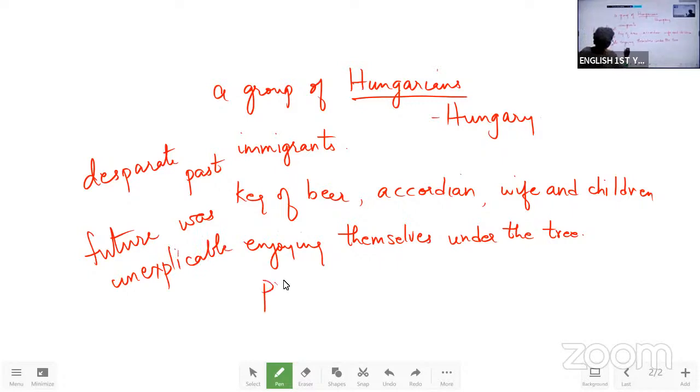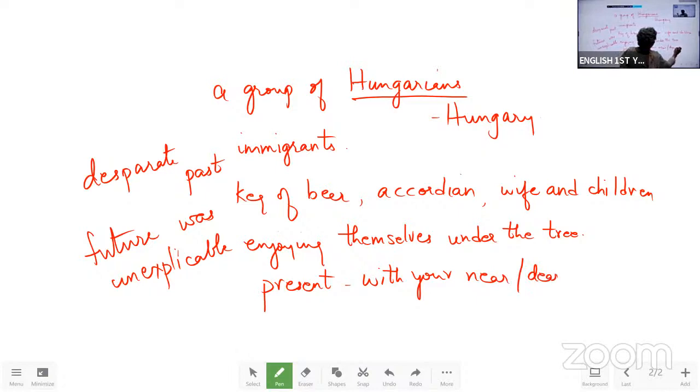The present, with your near and dear ones. And that's when he understood it is not fame, money, or success that makes a man happy.